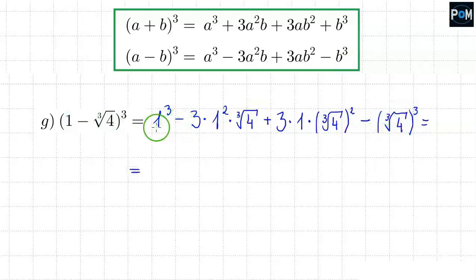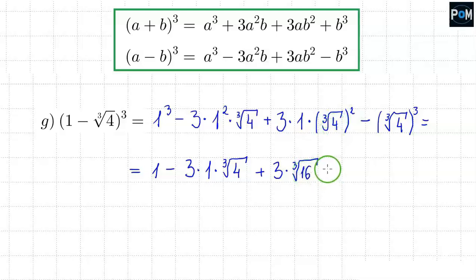And we calculate. We start with exponentiation. 1 to the third is 1. 1 squared is 1. We write everything else down. Here, 3 times 1 equals 3. The cube root of 4 raised to the second power. This gives us the cube root, and the square acts on the 4, which gives us the cube root of 16, because 4 squared is 16.